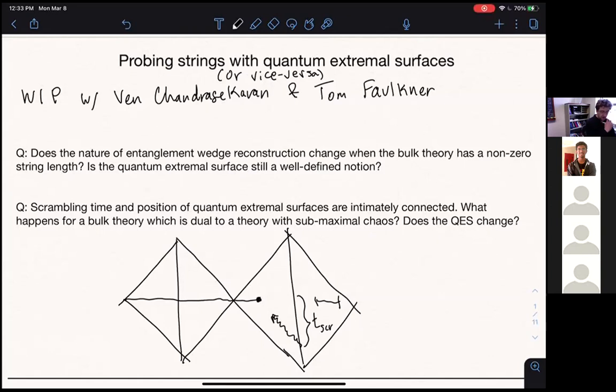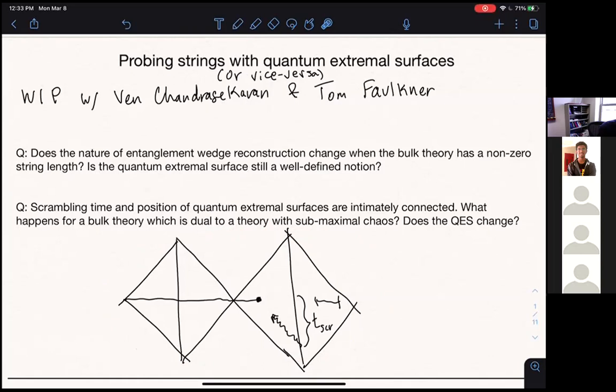So it's clear that they're an interesting construction that's going to teach us a lot about quantum gravity. And we wanted to understand what corrections there are to the nature of a quantum extremal surface.